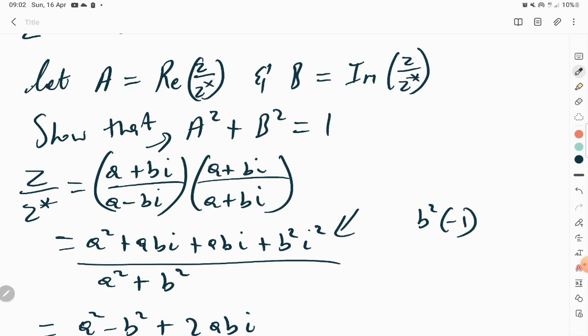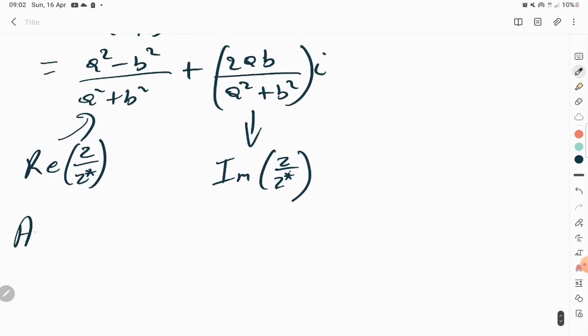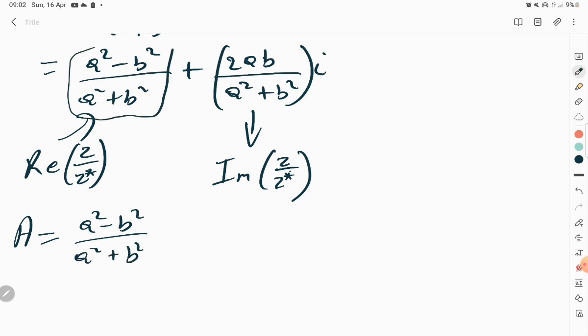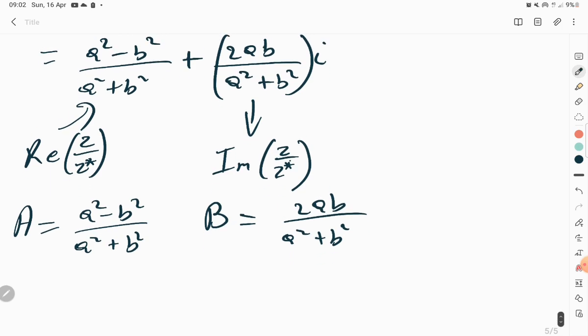Then our b is 2ab over a squared plus b squared, which is the imaginary part of our solution.